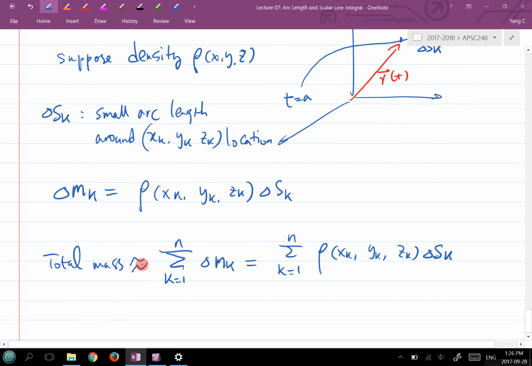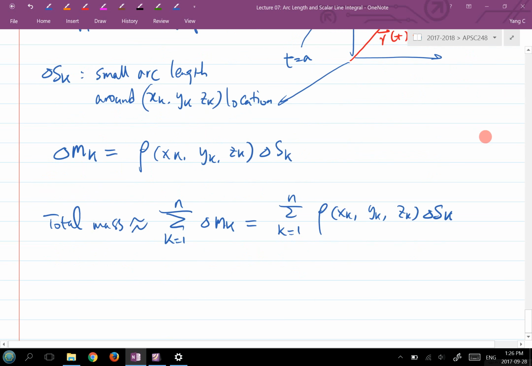Finally, you let this n go to infinity, so that the summation will become an integral. Then your total mass will become equal, now with an equal sign. We're integrating this function as n goes to infinity, so that segment arc length delta s becomes smaller and smaller, and delta becomes a straight d.